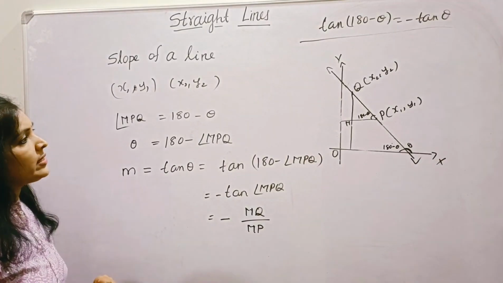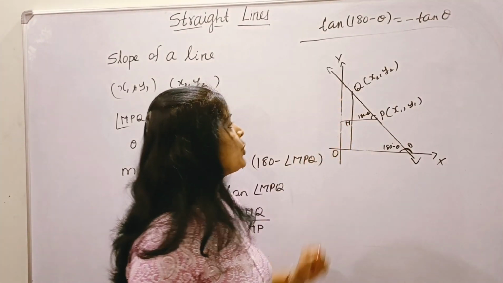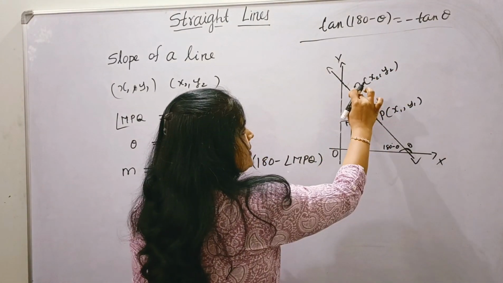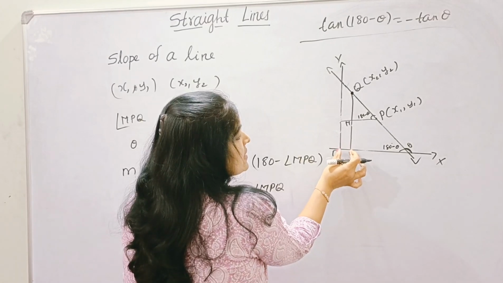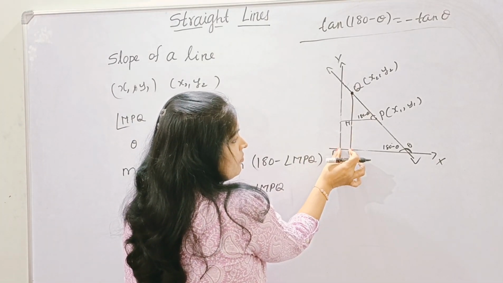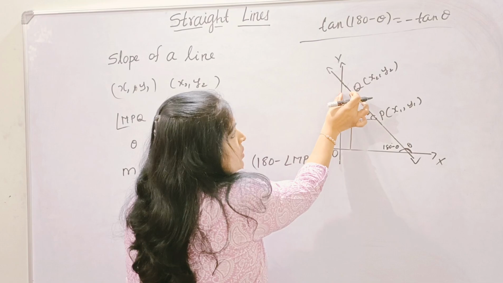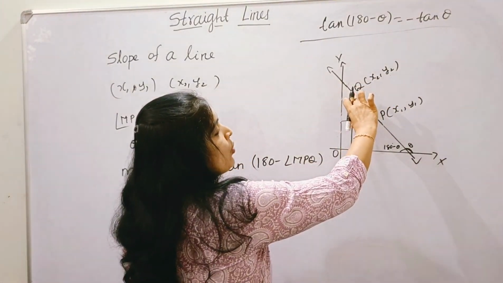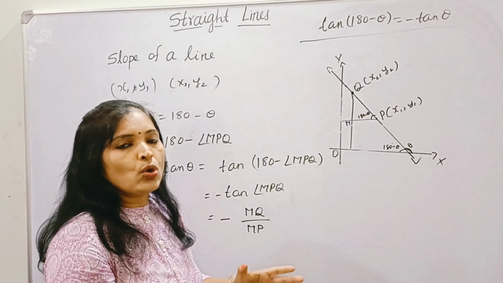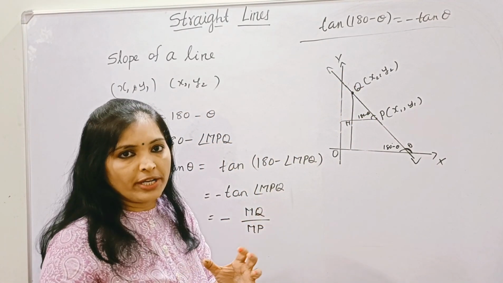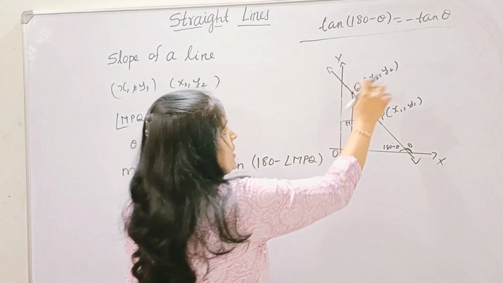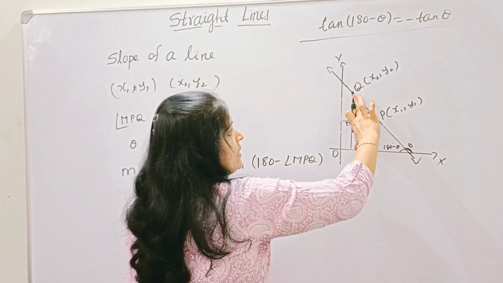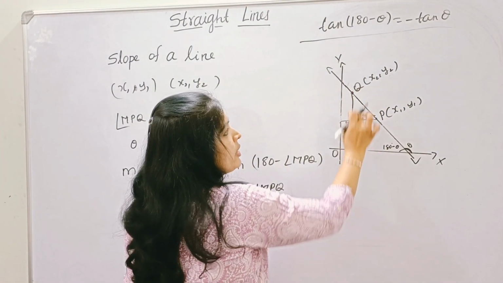Now let us find this distance. What is MQ? Since it is the point x2, y2, this point is x2. Next, y2: it is parallel to the y-axis, so we have to find the value of the y coordinate. The point x2, y2 means this length is y2, from here to here.